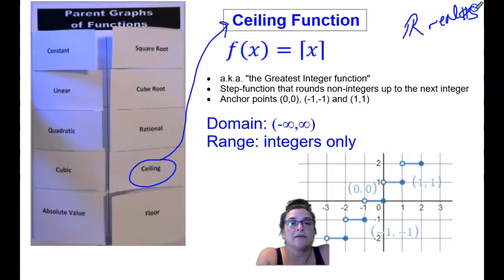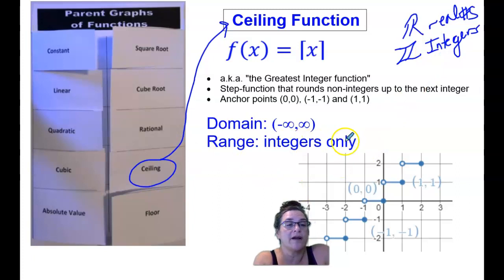Okay, and if you wanted to use that set notation to represent integers, that looks like a capital Z with a double slash through the middle. That is the notation for integers. So if you don't want to write out the word integers, you're more than welcome to just use that Z with a double slash to indicate that you're talking about the set of all integers. So that would be the ceiling function.